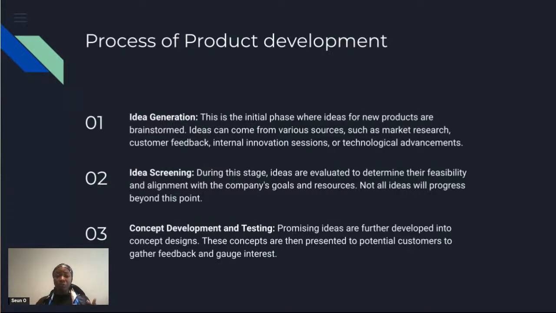I mostly use proof of concept when there's little to no data about the market or the customers we're trying to reach, or when there is data but it's not sufficient because you've not been able to find the customers' pain point. So this is the concept development and testing phase.